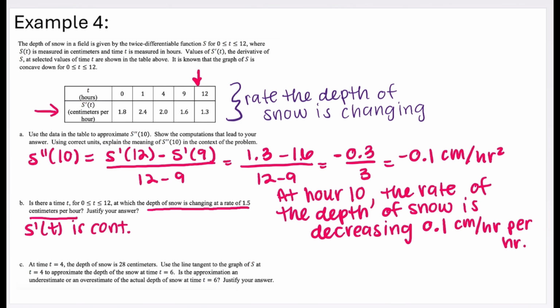So yes, on the interval 9 less than or equal to t less than or equal to 12 is specifically when it's going to happen.